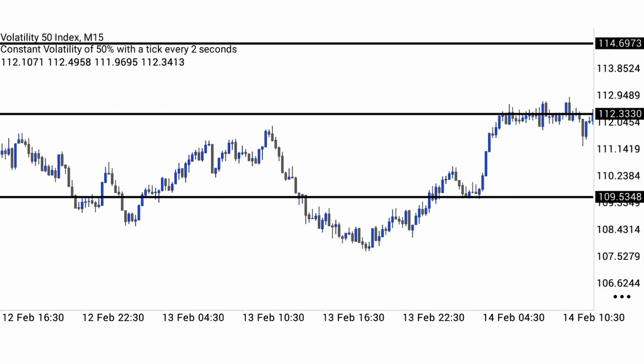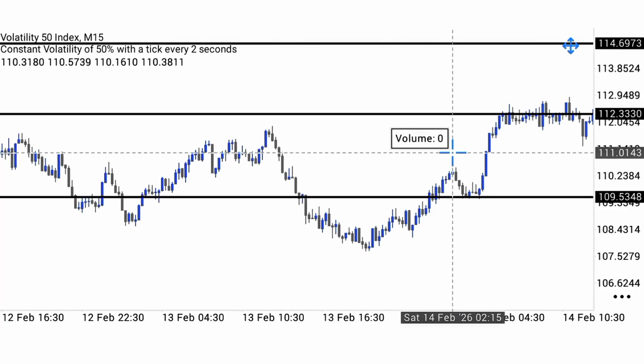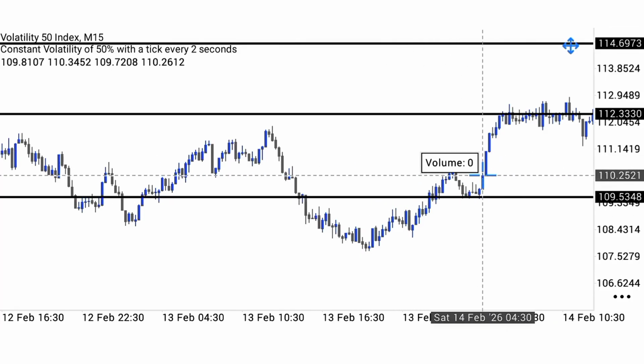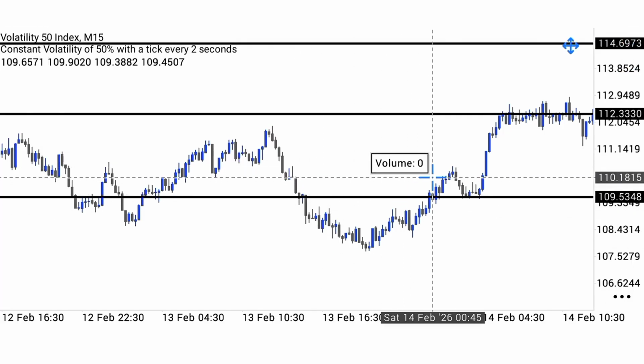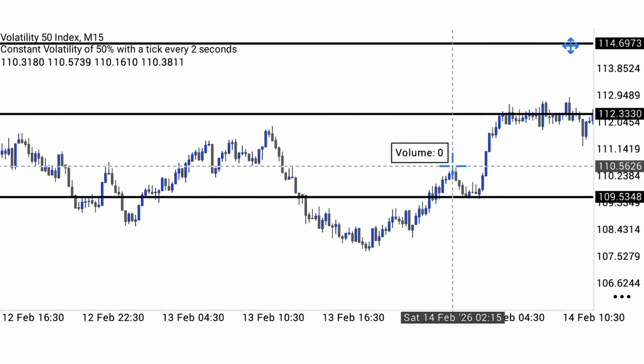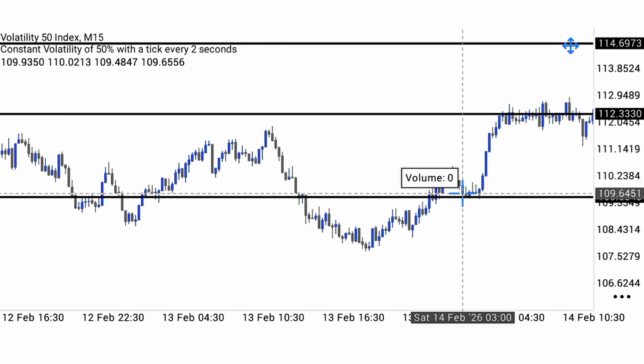for example, at this point, look at this point here, look at this zone. So here the market broke out of this point, then it retraced back to the zone.